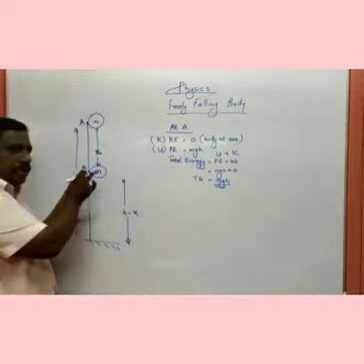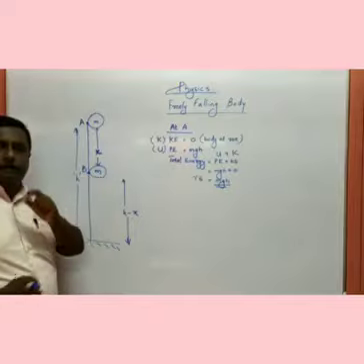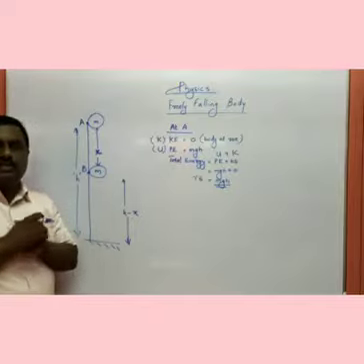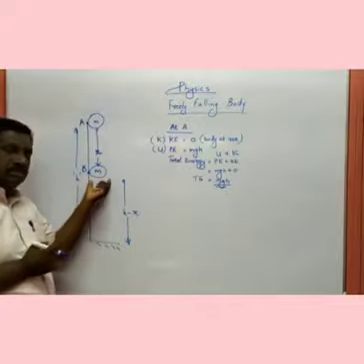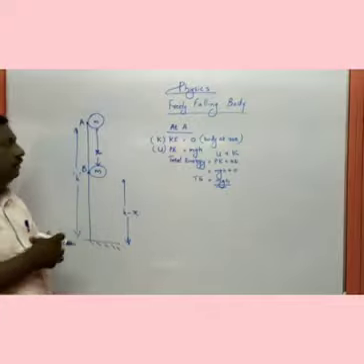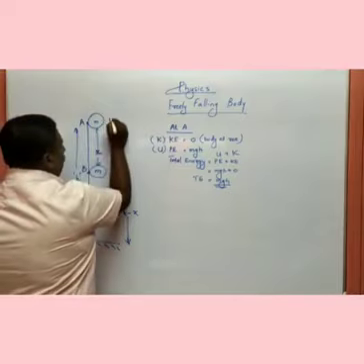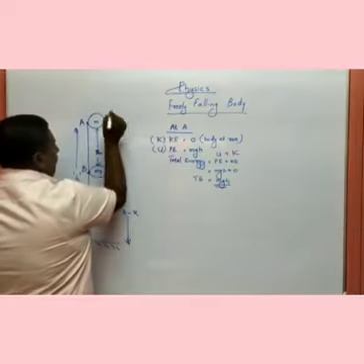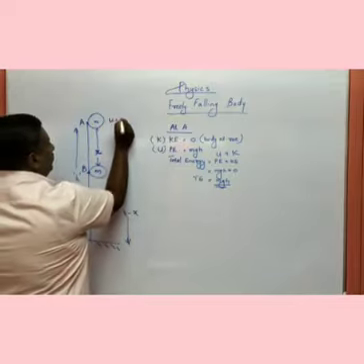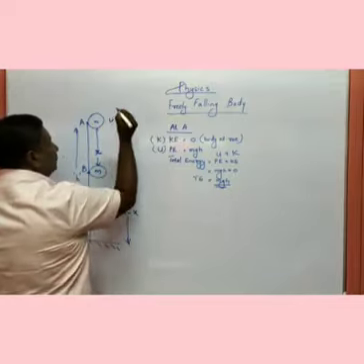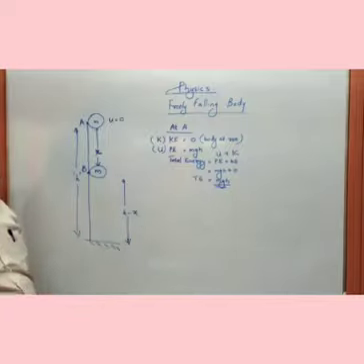Okay. Now the body reached the point B. Its mass has not changed, that is m. Before it starts to fall, the body was at rest. So its initial velocity u will be 0. Can you follow me?